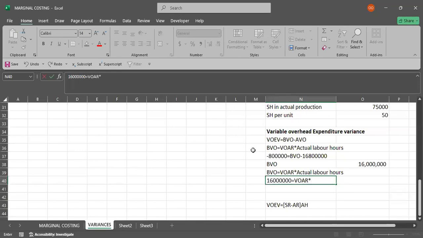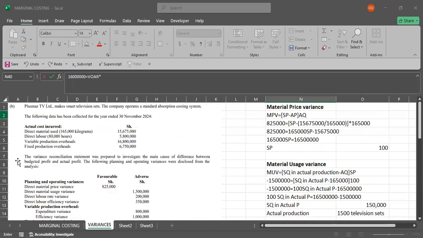What is our actual labor hours? Go to the statement. Actual labor hours, we have it somewhere under actual results. Somebody to help us get the actual labor hours. It is something that we are able to see.